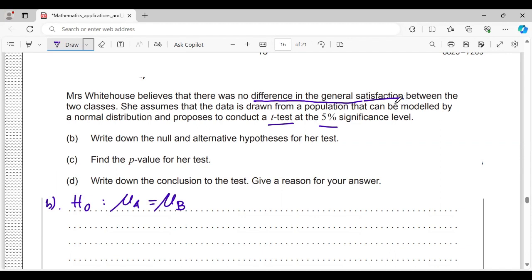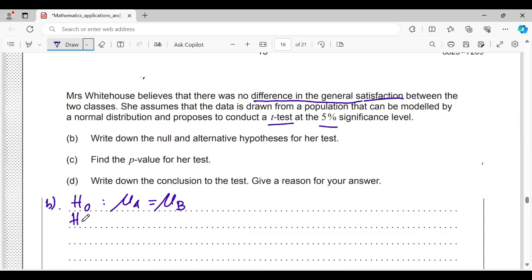They have the same satisfaction: class A is satisfied, class B is satisfied as well. The majority of them are satisfied.